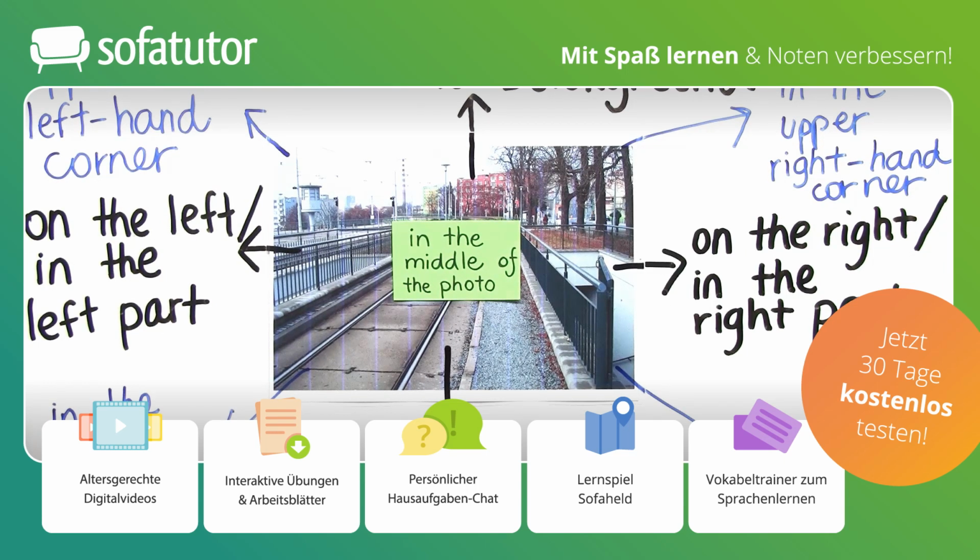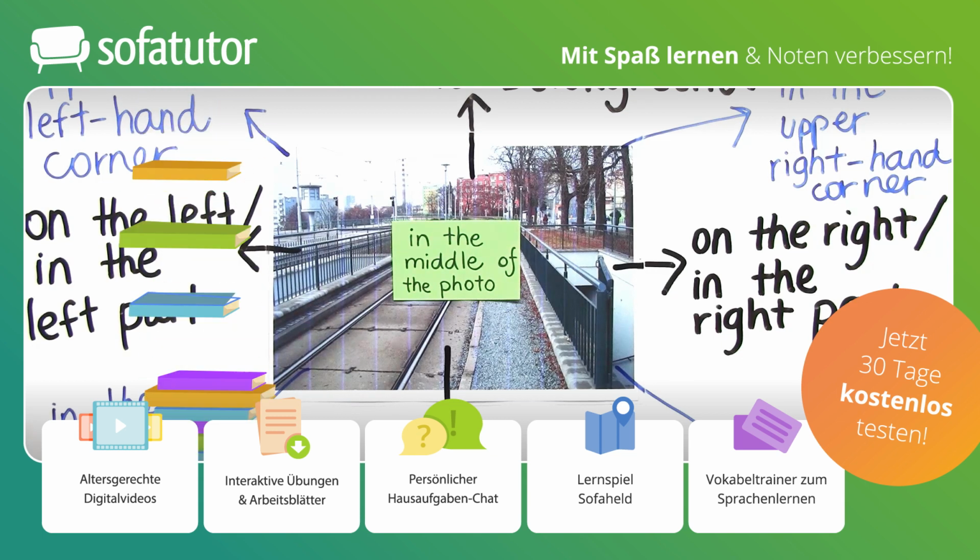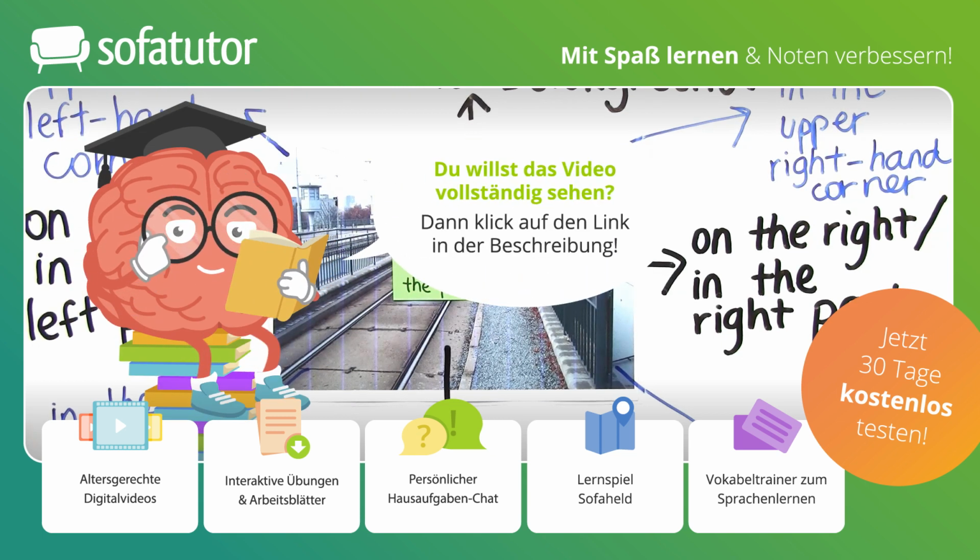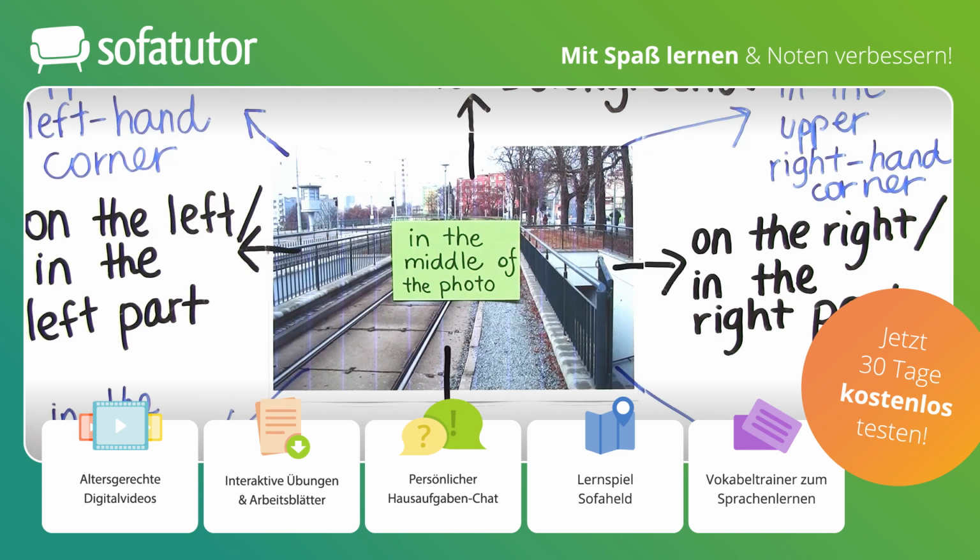Notice the phrase upper left-hand corner or bottom right-hand corner. With these, you have to use the word hand. When describing a photograph, you should use the present tenses.